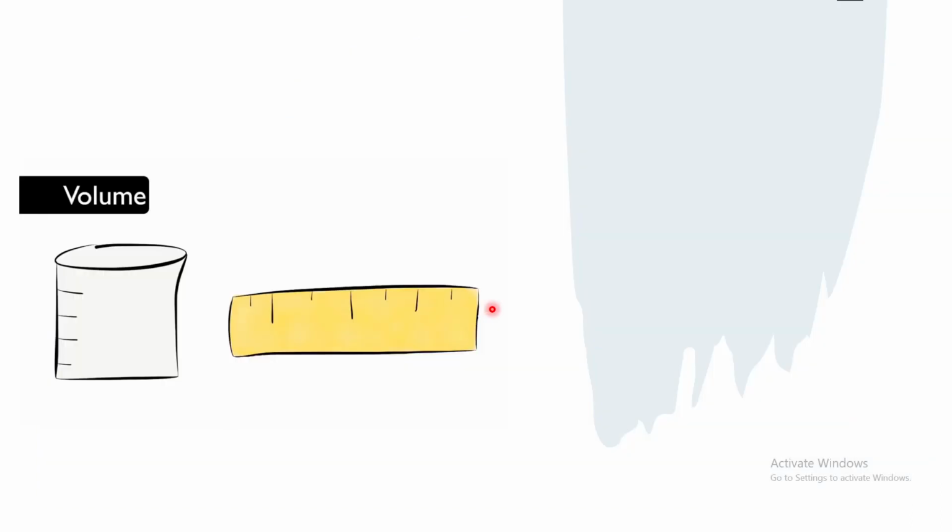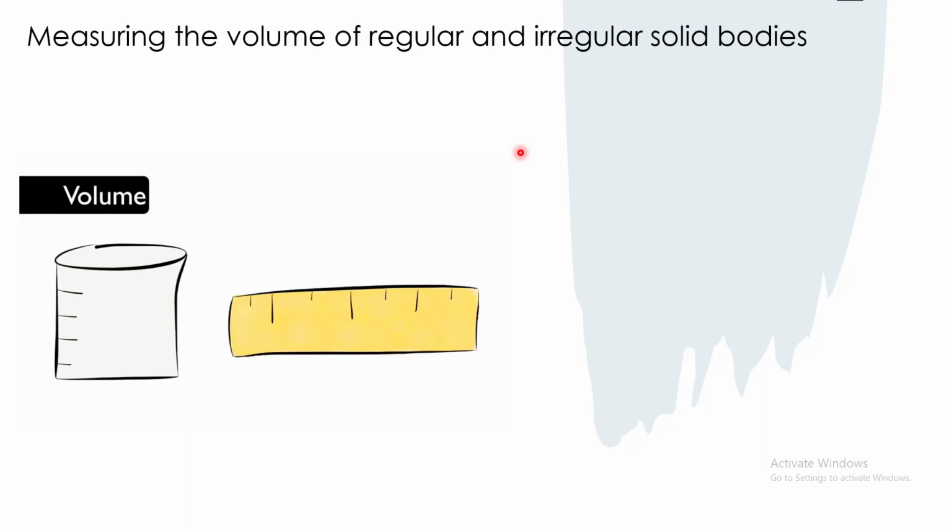Okay, moving to the next part, which is measuring the volume of regular and irregular solid bodies, and we will start first with measuring the volume of regular solid bodies. We have two measuring tools for measuring the volume of solid bodies, which are the ruler and the graduated cylinder. In this case, we will use the ruler by this method that we will see right now.